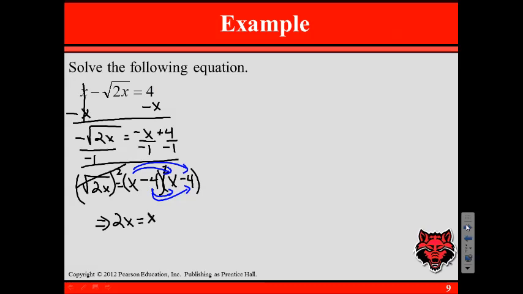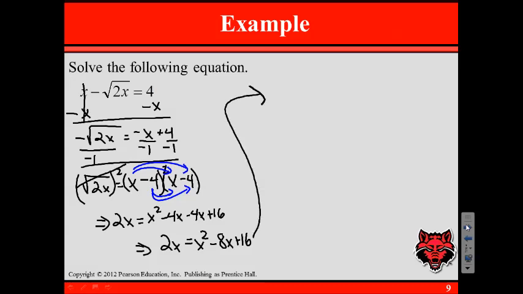Doing so gives us x squared minus 4x plus 16. We simplify a little bit more: 2x equals x squared minus 8x plus 16. If we subtract 2x from each side, this now becomes 0 equals x squared minus 10x plus 16.